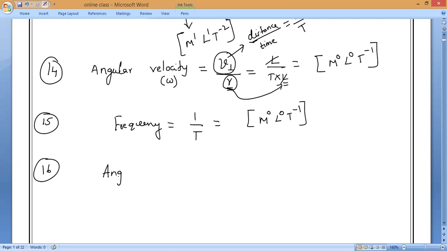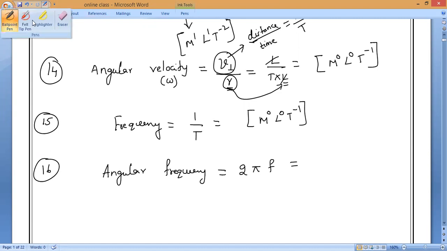Next, angular frequency. The angular frequency formula is 2 pi f. Now tell me what dimensions will come. As we all know, constants do not have dimensions. Who is the constant here? 2 pi is the constant, and f alone has a dimension.